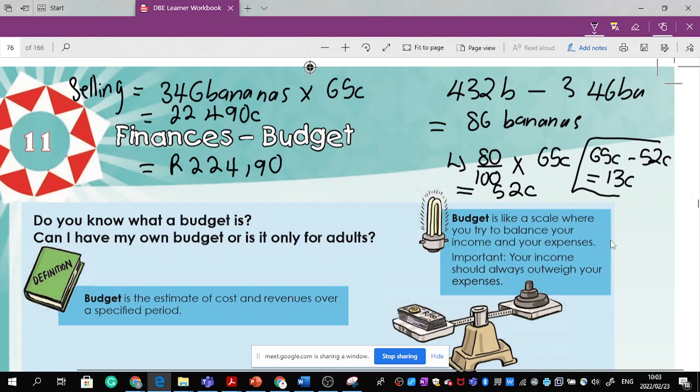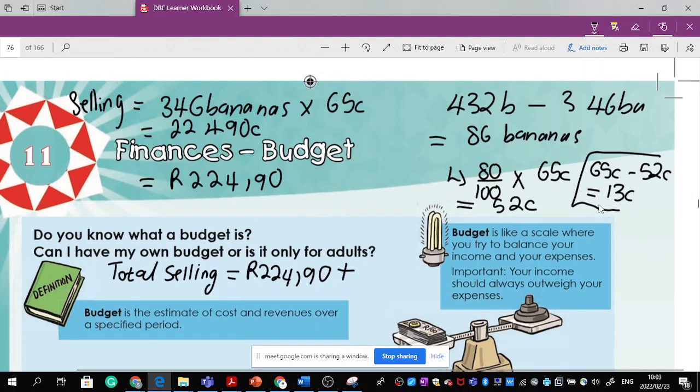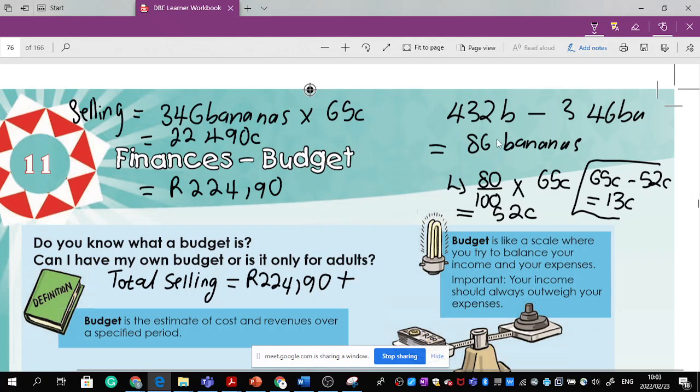Now we need to look at the total selling price, which is going to be the 224 rands 90, looks like we're making a loss again here. Plus, remember we're selling each ripe banana at 13 cents, and we are left with 86 ripe bananas.